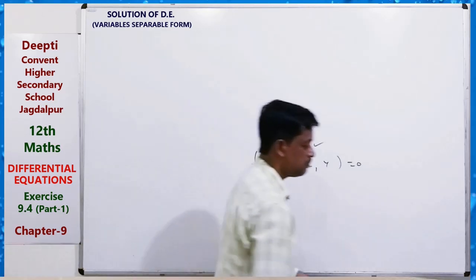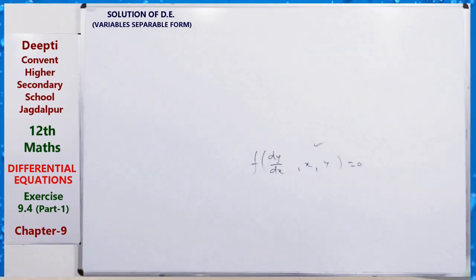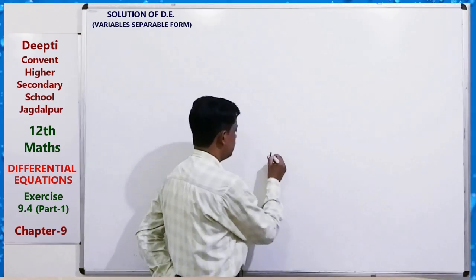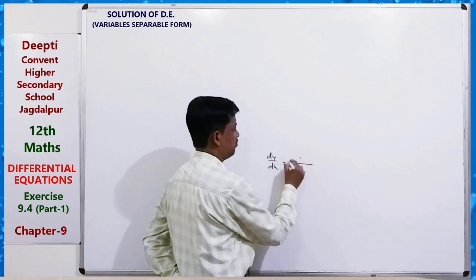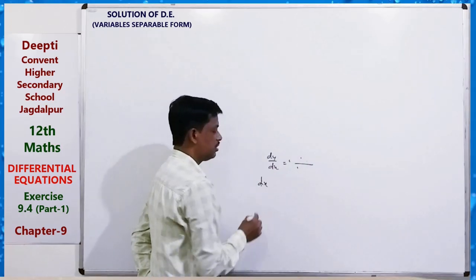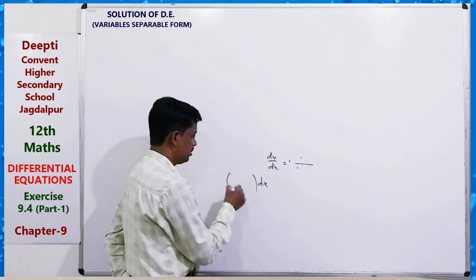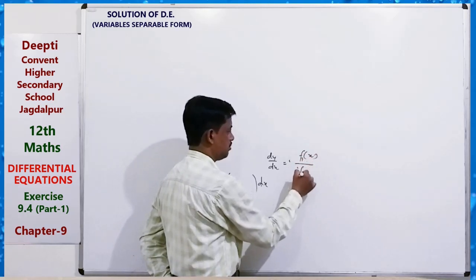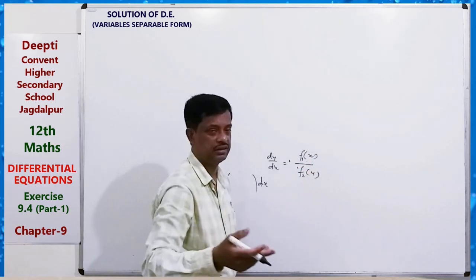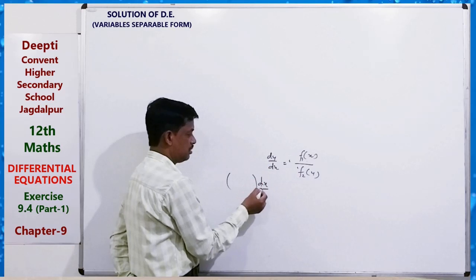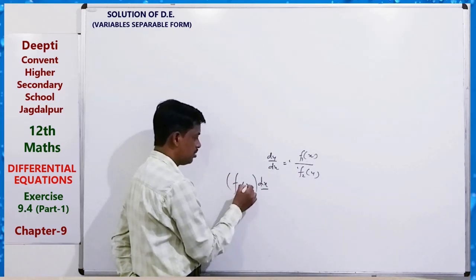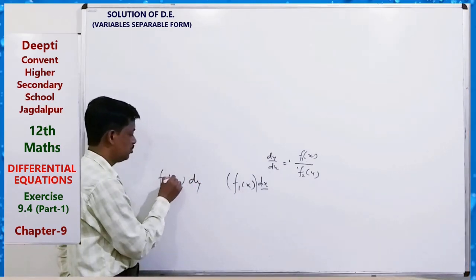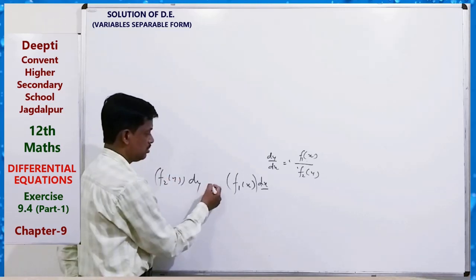This relation can be solved for dy by dx in such a way that the function related to x and the function related to y may be separated, so that the function related to x can be put with dx, and the function related to y can be put with dy.